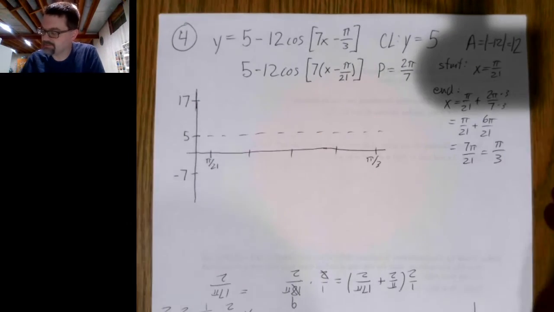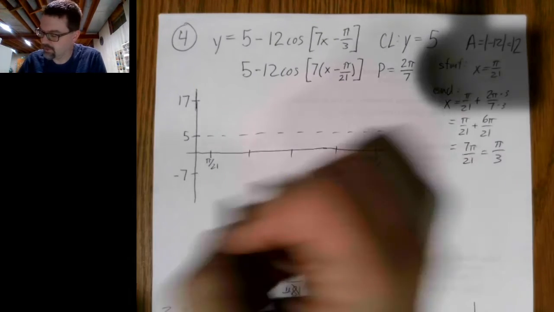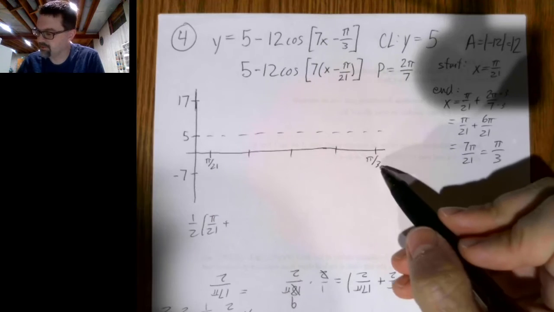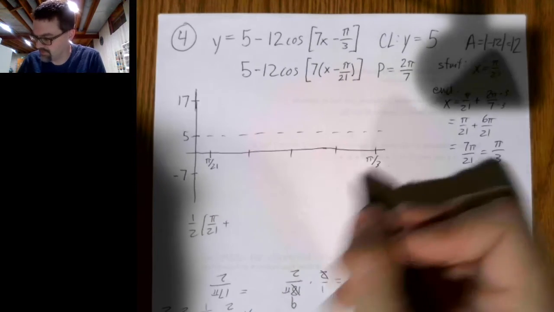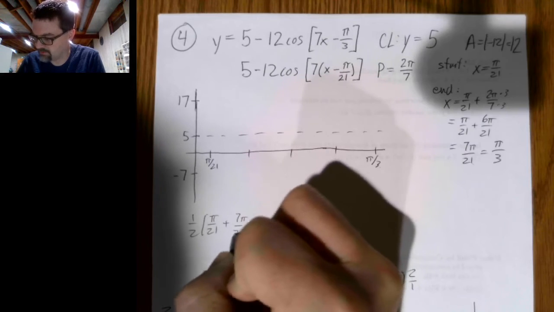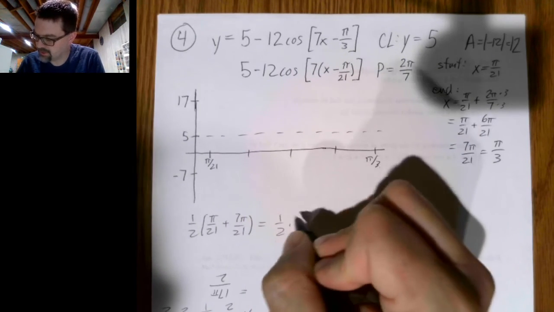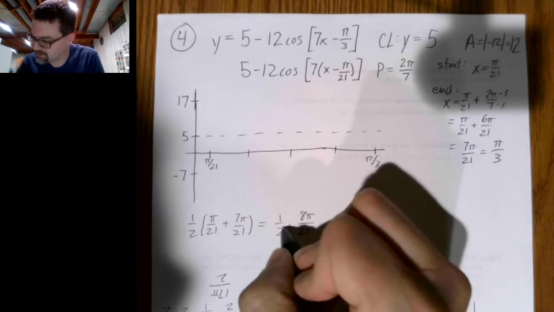So what's halfway in between here? Well, 1/2 pi over 21 plus, remember this came from 7 pi over 21, so that's what we need for the common denominator. So we get 1/2 times, that adds up to 8 pi's on top, 21 on the bottom.